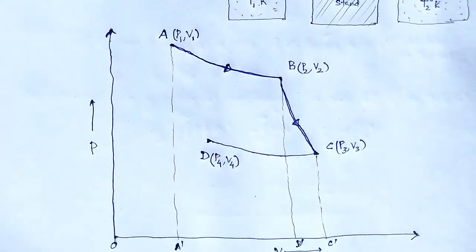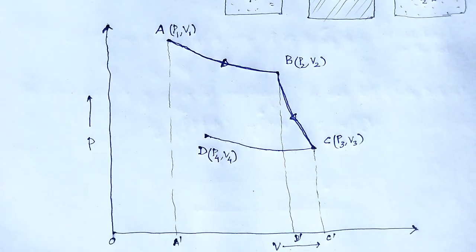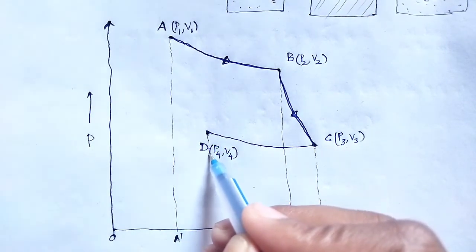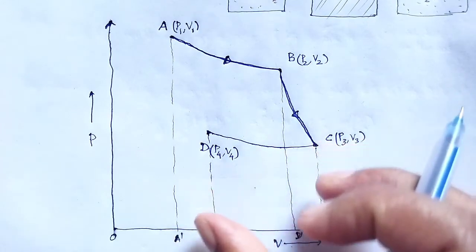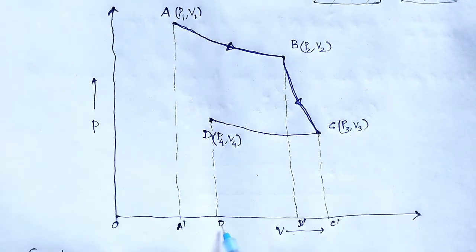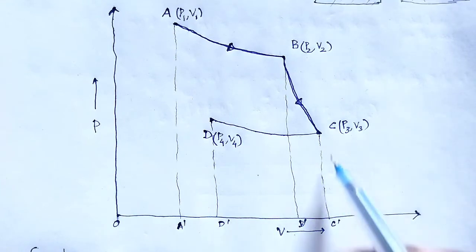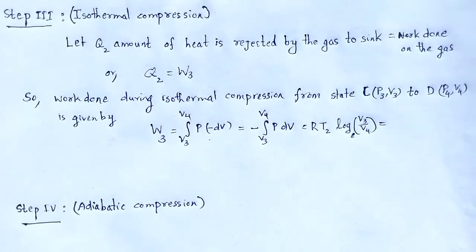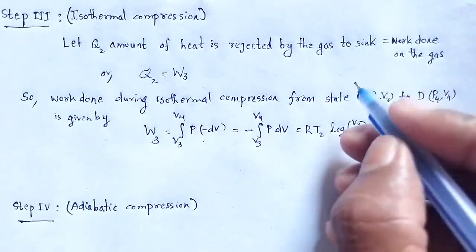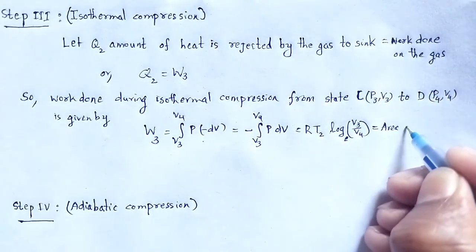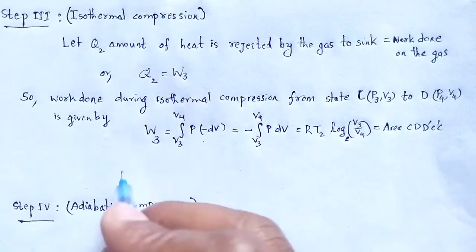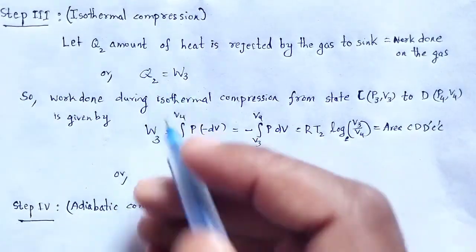Look here at the figure, I draw the strip here, the area under the curve D dash C dash C D. So that is the area under C D dash C dash C. So W3 is same as Q2.